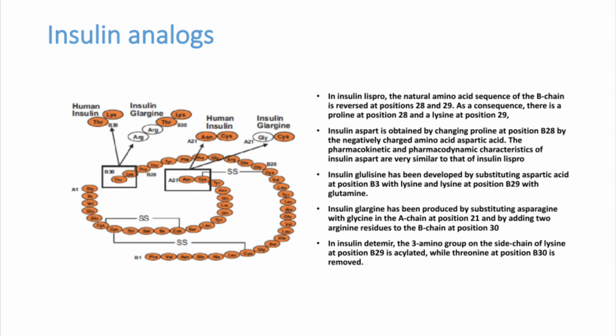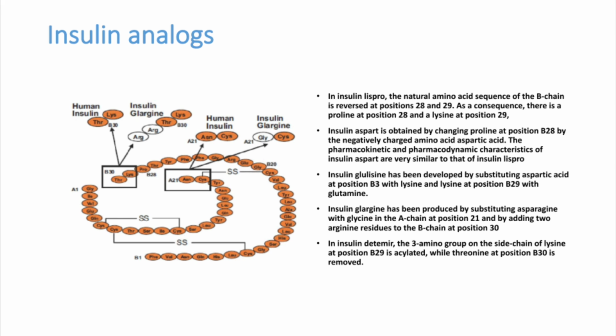So we have different types of insulin analogs. They are mainly insulin lispro, insulin aspart, insulin glulisine, insulin glargine, insulin detemir, and newest one is degludec. So these are the available insulins and insulin analogs in our country.